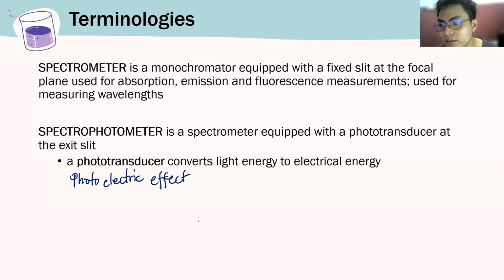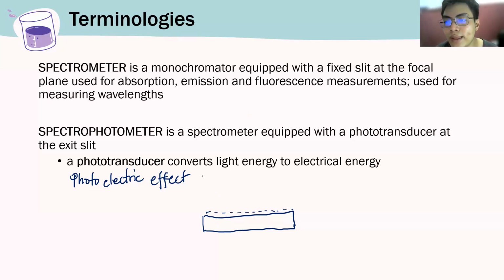So, ano nangyayari doon? Ang phototransducer kasi, it's like a metal surface. And saan gawa yung metal surface? Di sa atoms, and yung atoms may electrons. So, we can say na on the surface of the metal, kunwari lang to, may mga electrons there.